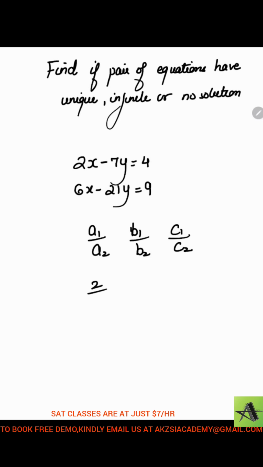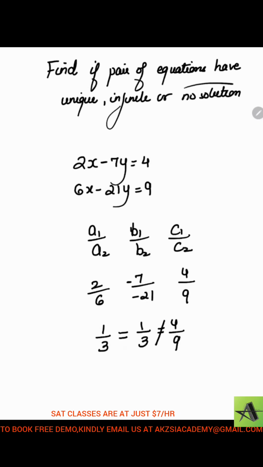So 2 over 6, minus 7 over minus 21, and this is 4 over 9. Simplified to 1 over 3, simplified to 1 over 3, and 4 over 9. They both are equal, but this is not equal, and this is the case of no solution. So the pair of equations have no solution. Moving on to the next question.